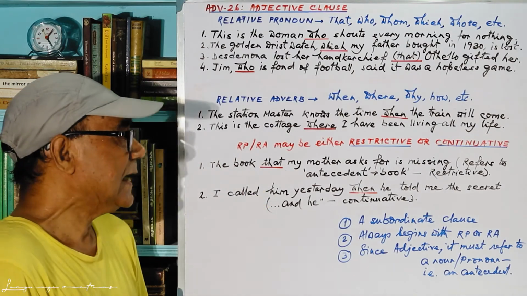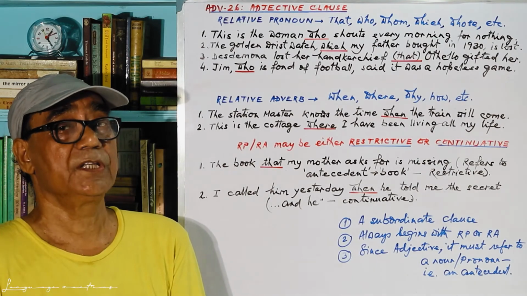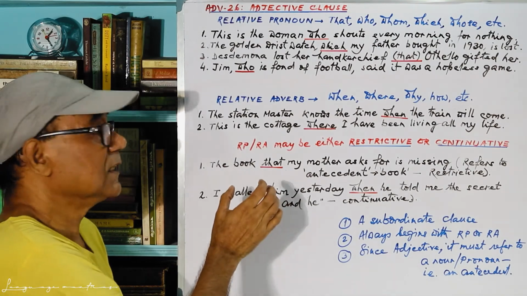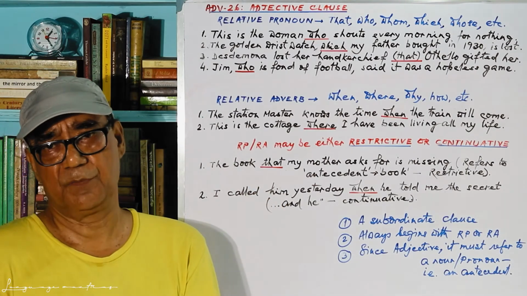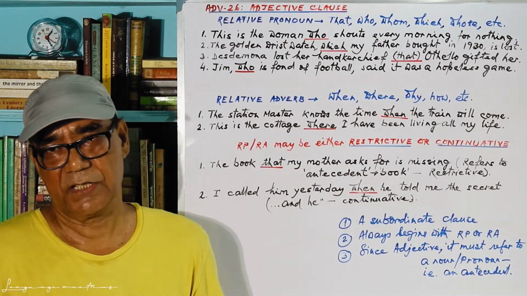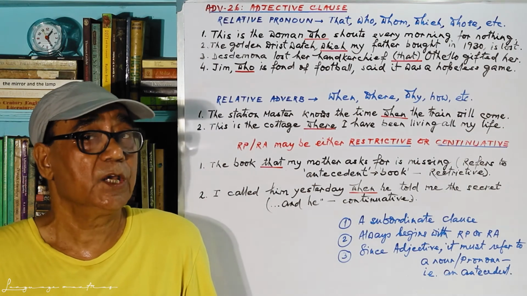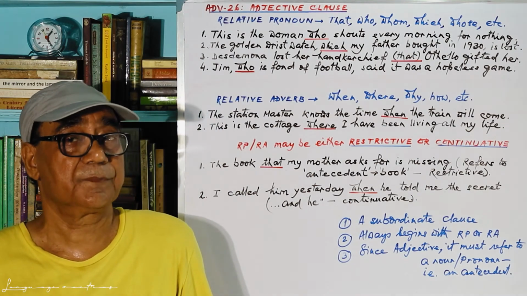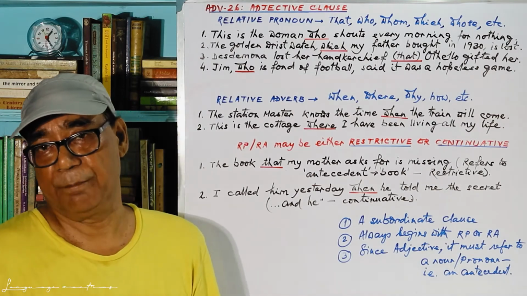Therefore, it is an adjective clause, but restrictive, because a particular book is asked for. This part, the adjective clause, becomes an essential part of the sentence. You cannot do without it. If you do, the meaning of the sentence will be hampered.